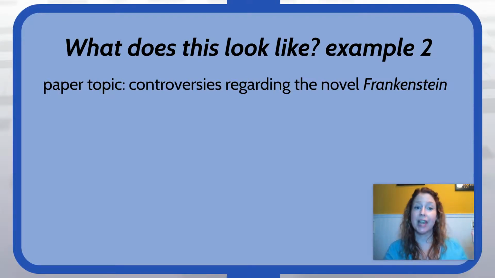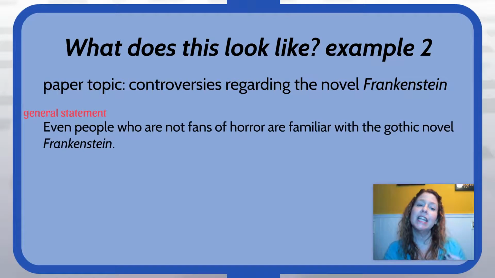A general statement about our topic might be, even people who are not fans of horror are familiar with the Gothic novel Frankenstein. Notice again, we don't know from our general statement what our paper is going to prove.